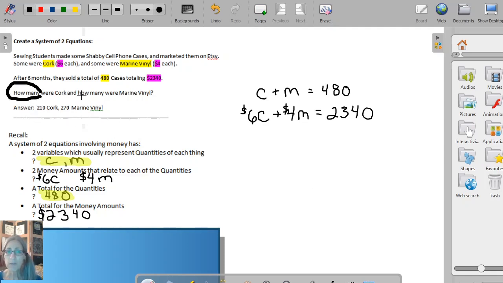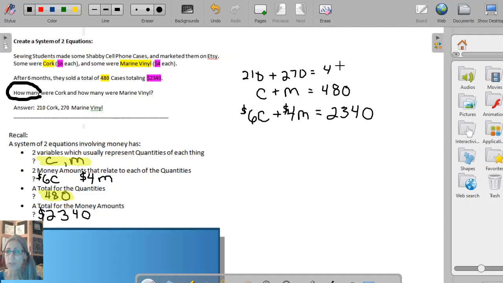And since I gave you the answer, we can check to see if our equations are right quickly, just for the sake of creating an equation and making sure that we have the intuition down pat. So if we were to put 210 up here above this first equation, 210 plus 270, does that equal our 480?